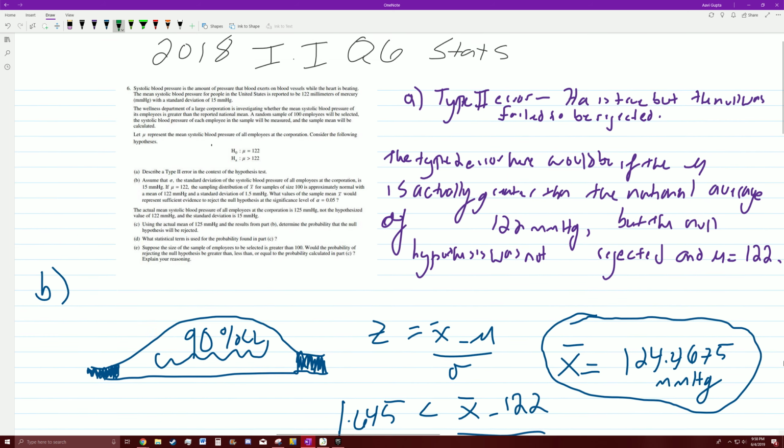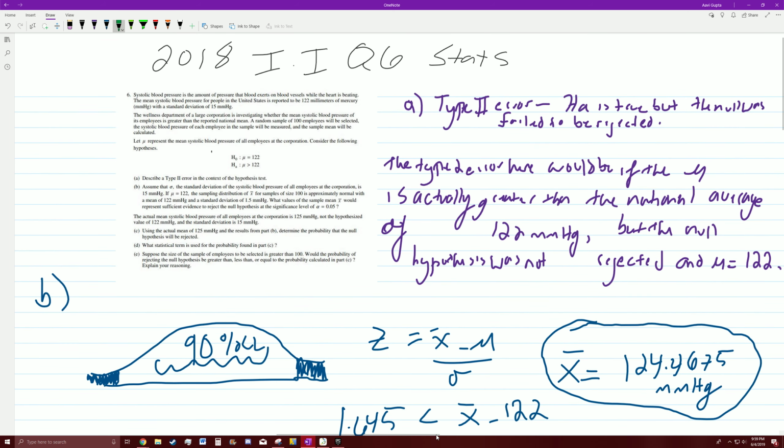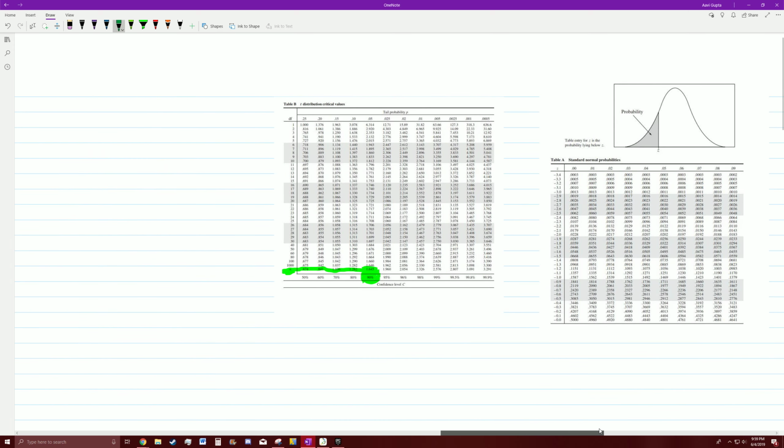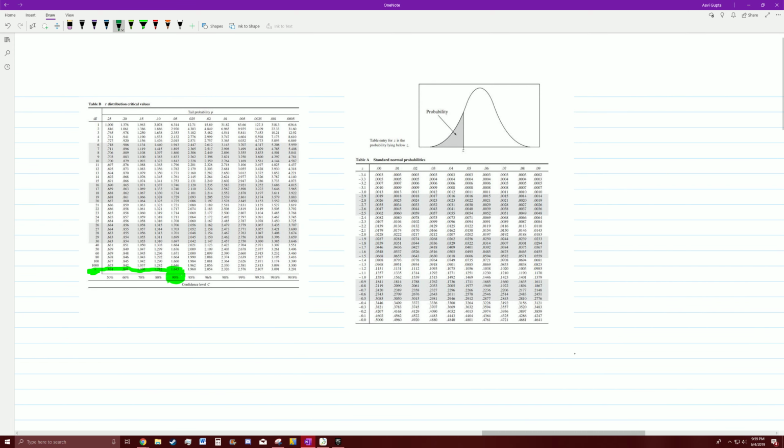On your reference table, you'll find a table with this curve right here. It's a standard normal bell curve, and you're given a list of z's and the p-values. So we're at negative 0.3, and we're right in between 0.05 and 0.06.